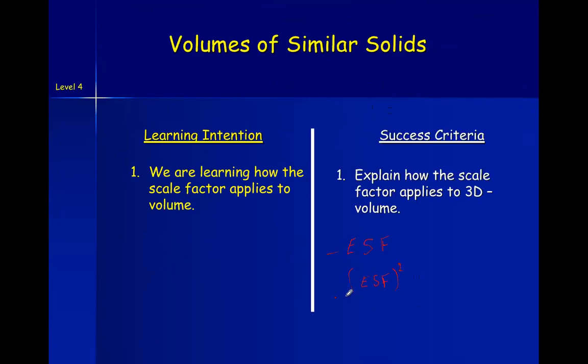And today, because volume is in 3D, and area is 2D, so 1 to 2, what do you think is going to happen? The scaling factor this time is going to have to be cubed. That's the only difference between the area and the volume.